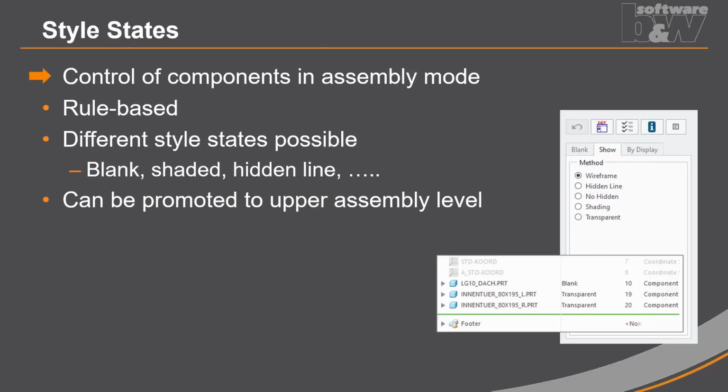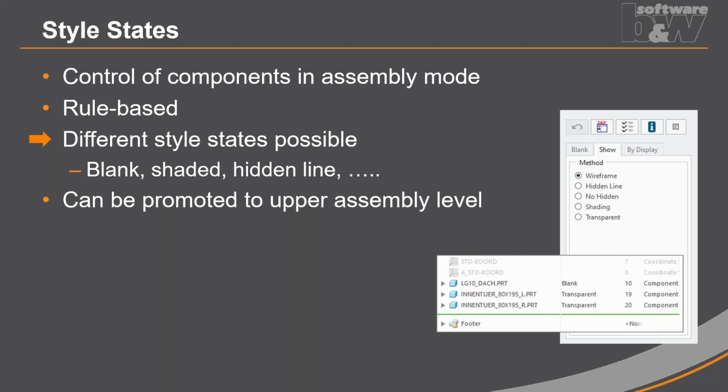Let's look at these techniques a little bit more in detail. The style states in assembly mode are controlling the components' visibility. You can fill them by rules if you like. It's not so well known, this functionality, but it's nice because you can not only say it's blanked or visible.